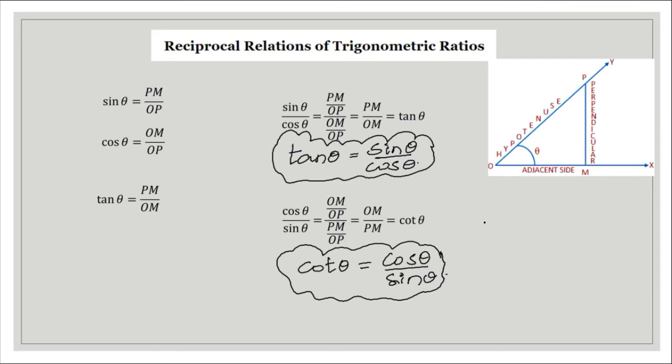How to remember these ratios? I'll give you a trick to remember to define the trigonometric ratios. This is a trick. The trick is you can remember this word, SOHCAHTOA.